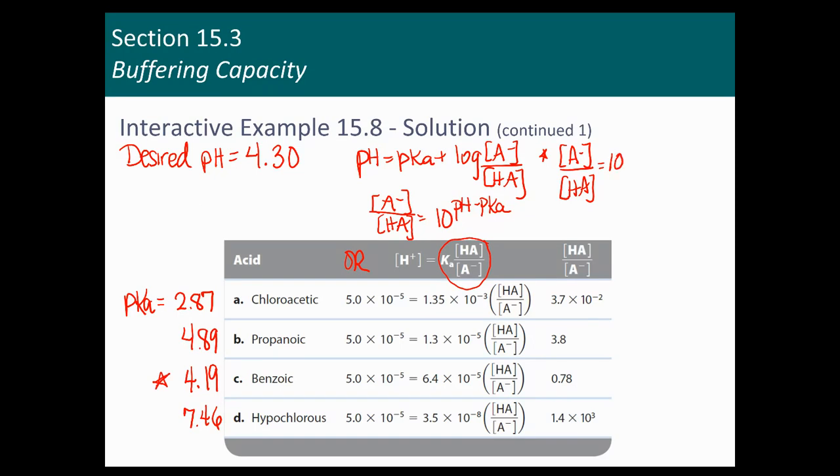10 to the pH that we want, 4.30 minus 4.19. Let's see what ratio we have in this buffer. I'm going to grab my calculator. 1.3.